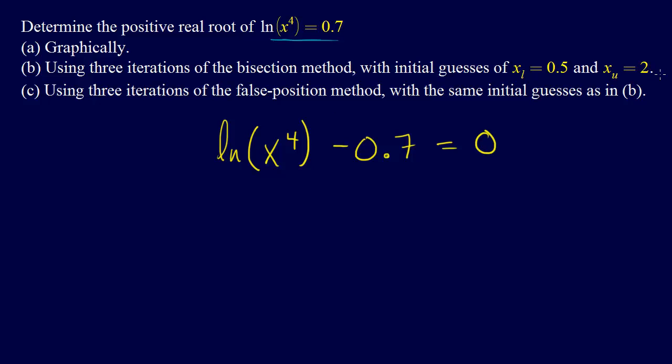It's saying between 0.5 and 2, but we'll just go between minus 10 and 10 again to do this. ln of x to the fourth minus 0.7.